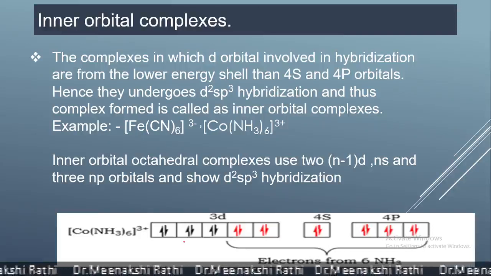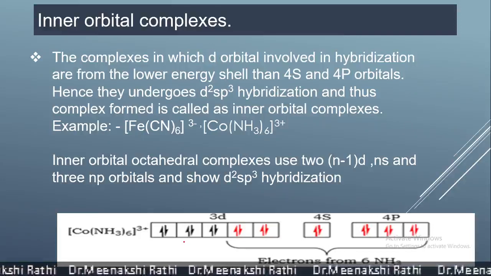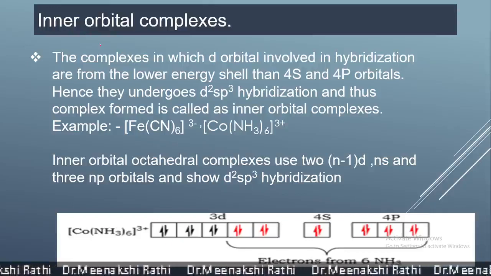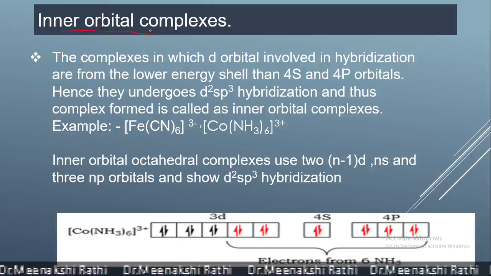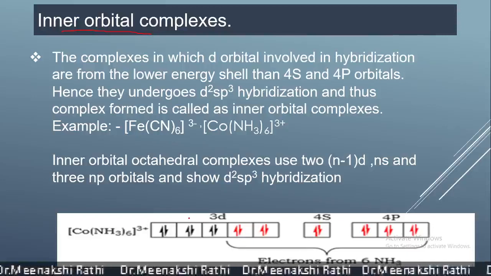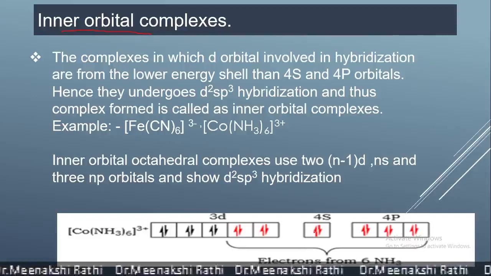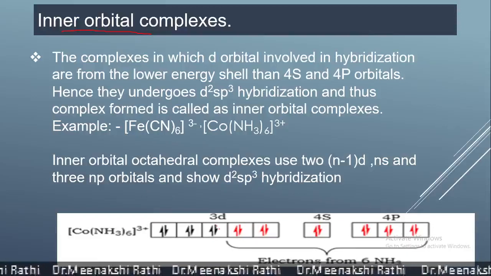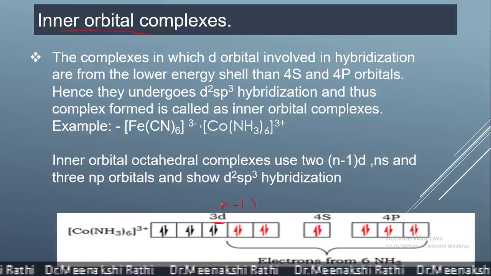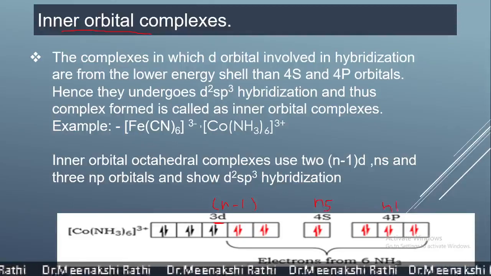So, here one important thing we need to consider is that hexaamine cobalt is also known as an inner orbital complex. Now, what do we mean by inner orbital complex? The complexes in which the d orbitals involved in hybridization are from a lower energy shell than the 4s and 4p orbitals. 3d is from the n-1 level, while this is from the ns level and this is from np.